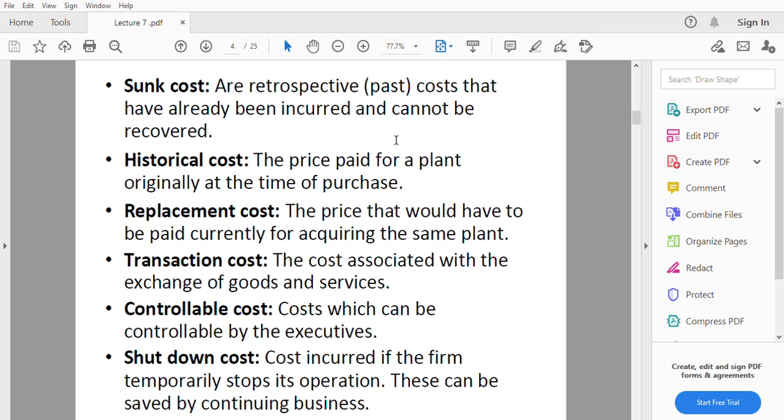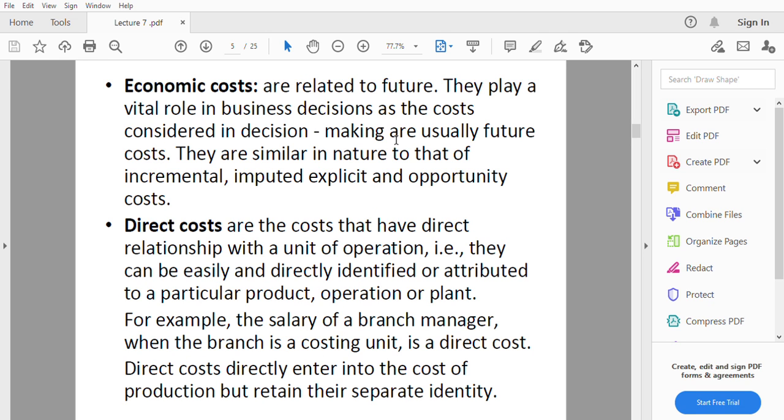Then we have shutdown cost. Shutdown cost is cost incurred if the firm temporarily stops its operation. So shutdown cost is normally something that can be saved by continuing your business, but the cost you incur in shutting down is your shutdown cost. Then we have economic cost. Economic costs are related to the future.